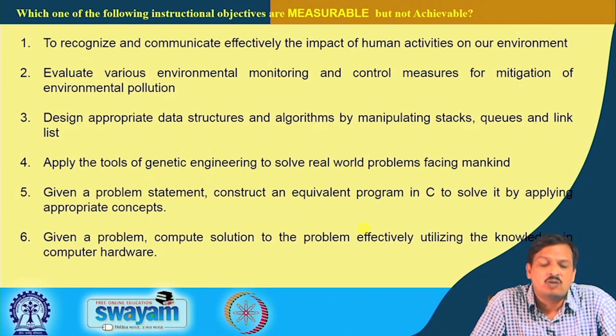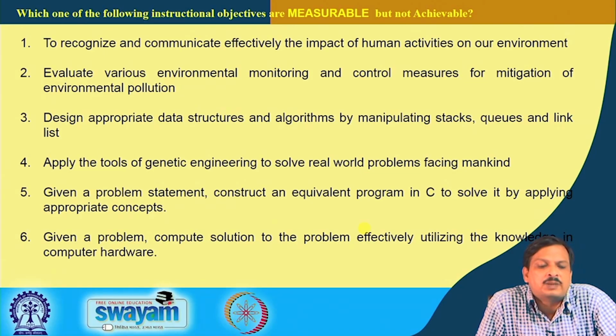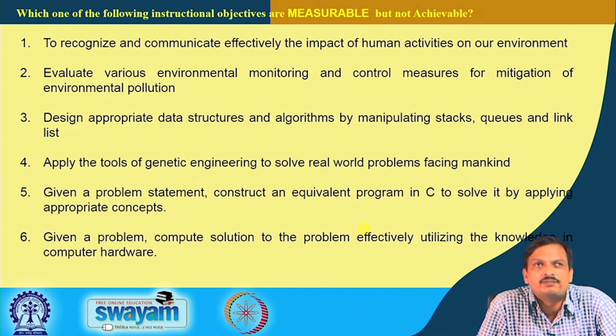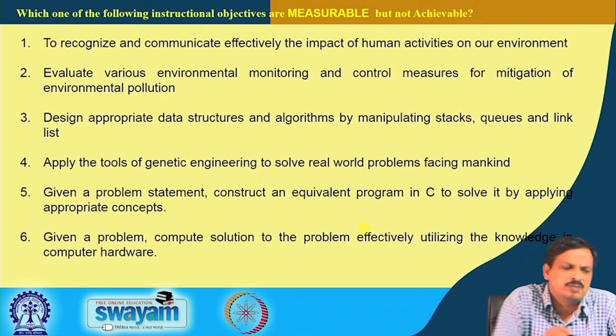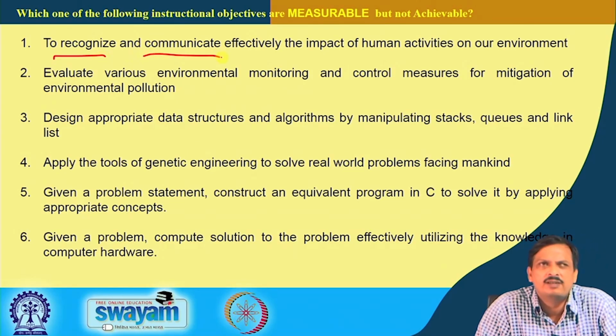Now, I go to another one. Which one of the following instructional objectives are measurable but not achievable? To recognize and communicate effectively the impact of human activity on our environment. Recognize, measurable, and communicate, measurable.